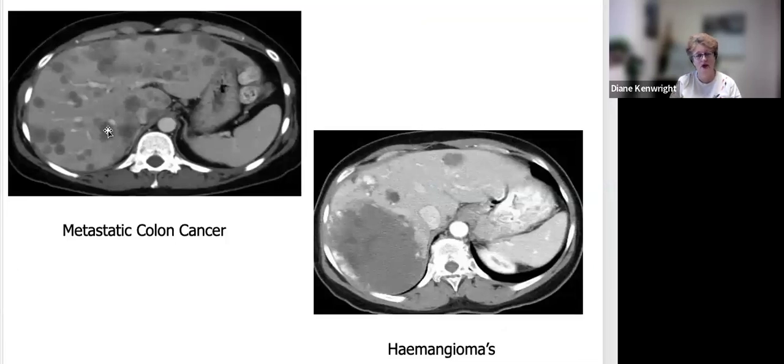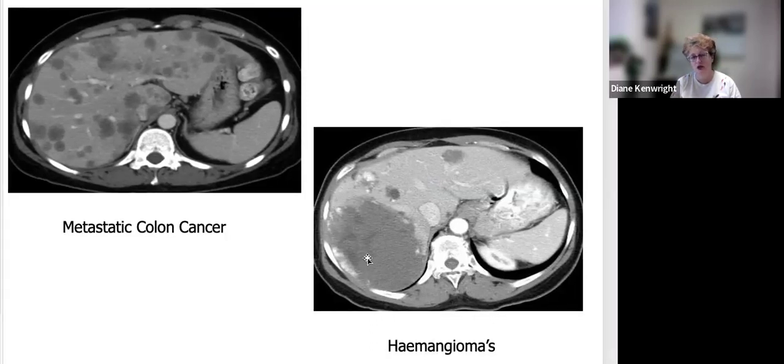Here we're having a normal liver with metastatic colon cancer in it. Numerous nodules equals metastasis. Sometimes you can get numerous hemangiomas, but of course, putting some contrast in will be very helpful for that.